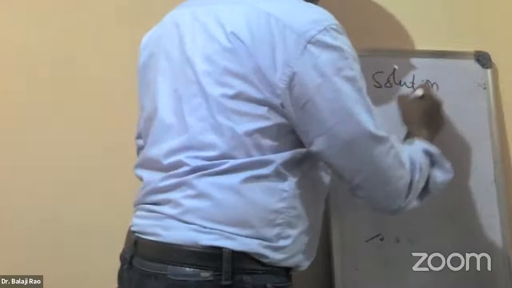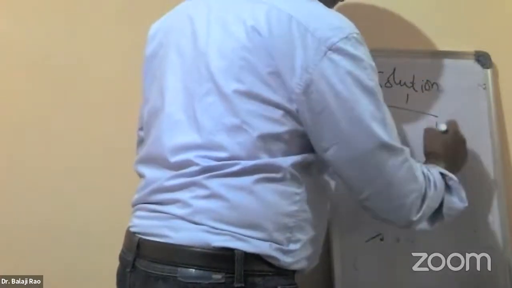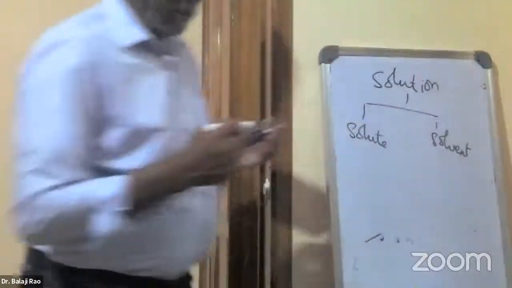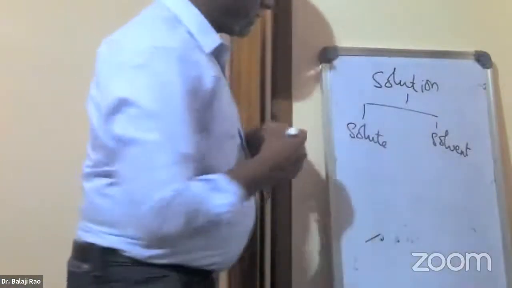A solution, a true solution, if you look at it, is made up of a solute and a solvent. What is a solute? Solute is something that dissolves.